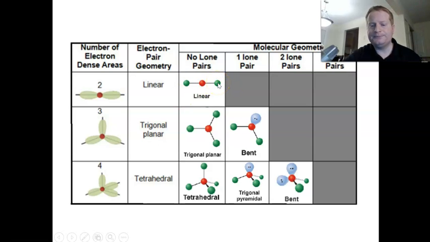Linear is symmetrical. If we look at trigonal planar, another one of our parent overall geometries, that is also going to have a symmetry to it. So if all of the atoms that are involved in the trigonal planar geometry are of the same electronegativity, or the same atom essentially, it is safe to assume that that trigonal planar geometry will be nonpolar, because there will be a symmetry there.